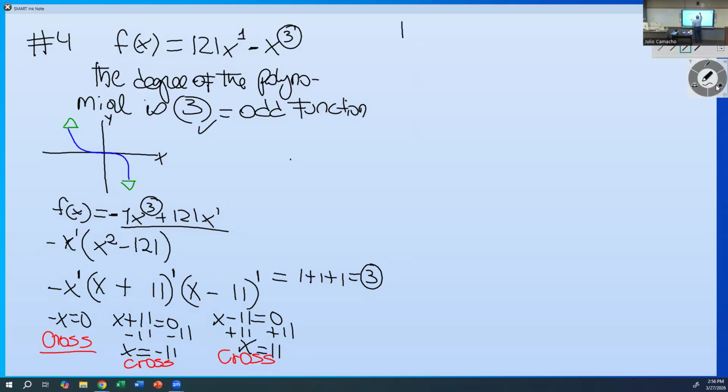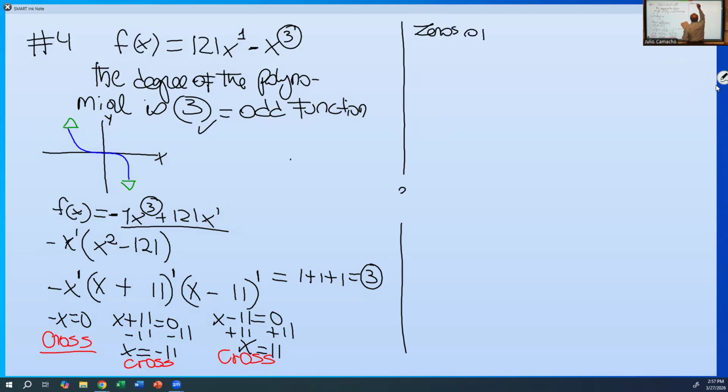We find out that the zeros of the polynomial are when x is negative 11, because negative 11 is before 0, when x is 0, and when x is equal to 11.